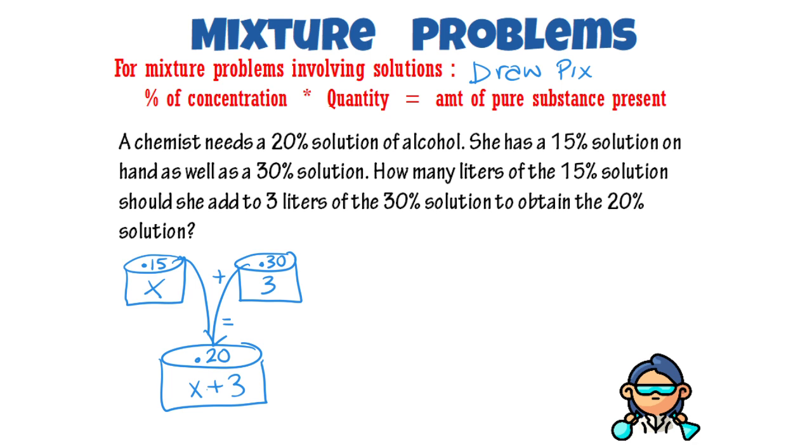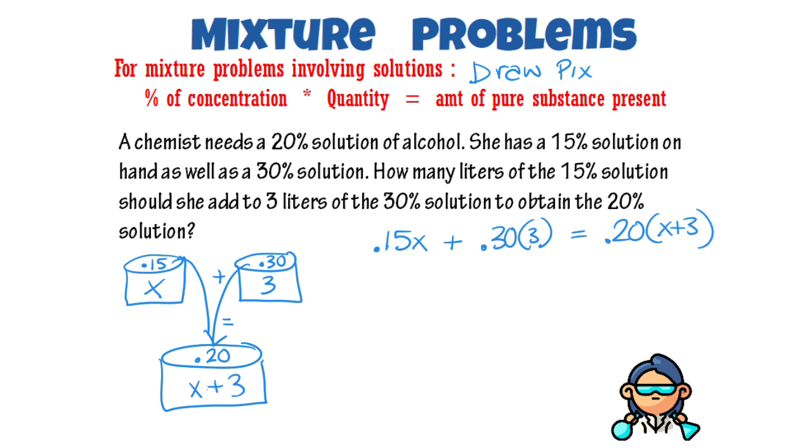Now you do the same thing you did in the chart. And every time it's going to kind of be the same deal where you're going to multiply plus multiply equals these multiplied. Here we go. So I have a 0.15x plus a 0.30 times 3 equals 0.20 times x plus 3.